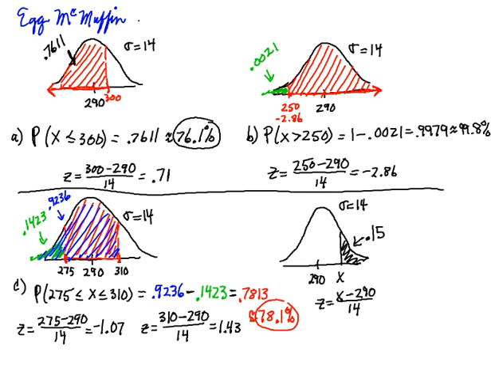Now, the thing here is that I now have two unknowns. I don't have the x, but I also don't have the z. But I can get the z, because I know that the area in the lower part of this distribution from the x down has got to be 0.85.